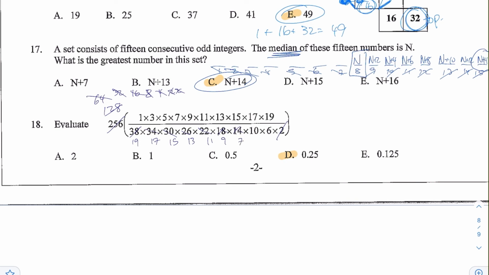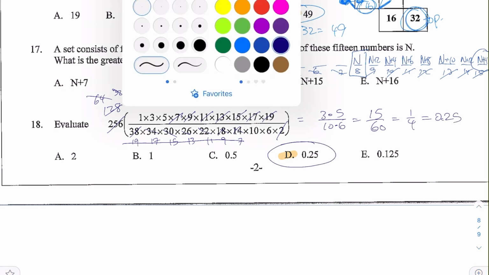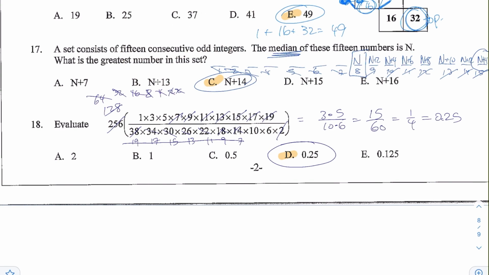So from here, the 19, 17, 15, 13, 11, and 9 are all canceled out. Oh, and the 7. So you really just have 3 times 5 over 10 times 6, or 15 over 60, which is 1/4, or 0.25. Choice D. So you have to just keep cross canceling, and then eventually you'll get 1/4.